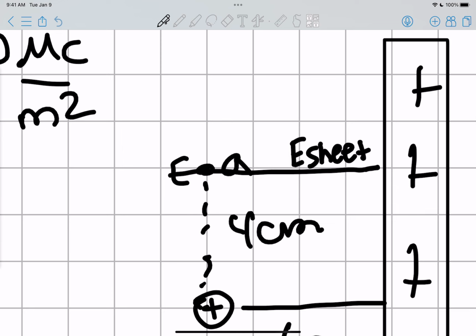But what about the electric field of the positive charge here, the Q? What direction would that be pointing in? Exactly. The convention is that whenever we're talking about a specific point, it's always a positive test charge.